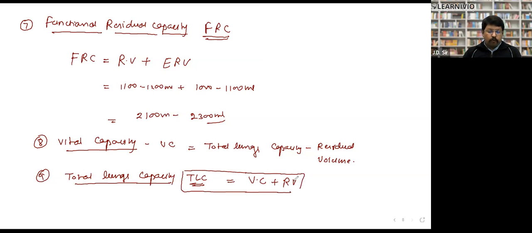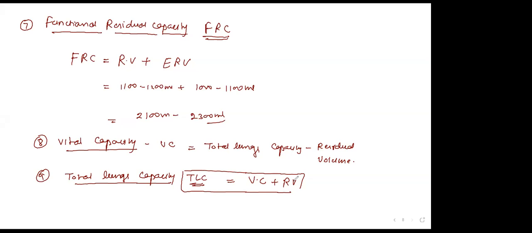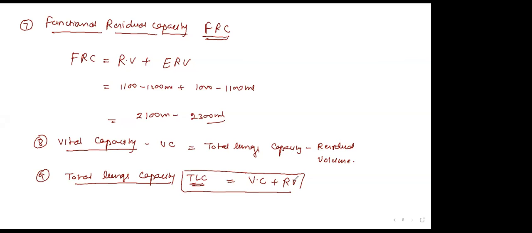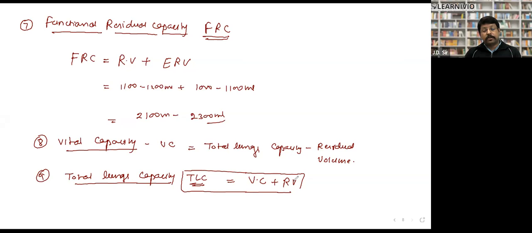The total volume of air present in the lungs and respiratory passages, the trachea, bronchi, bronchioles, is called TLC. Please take the formula.